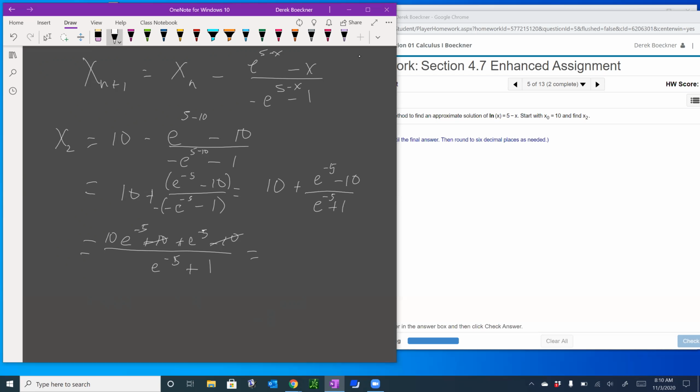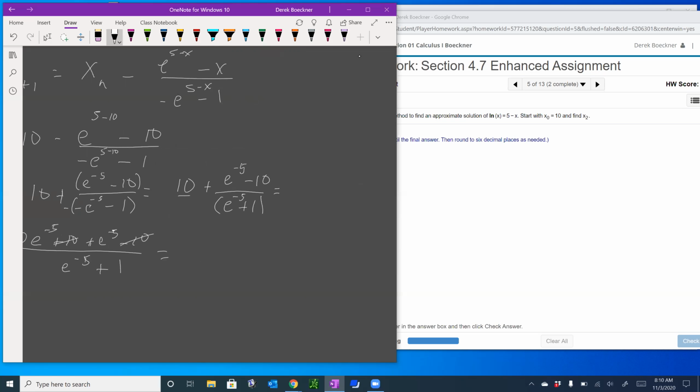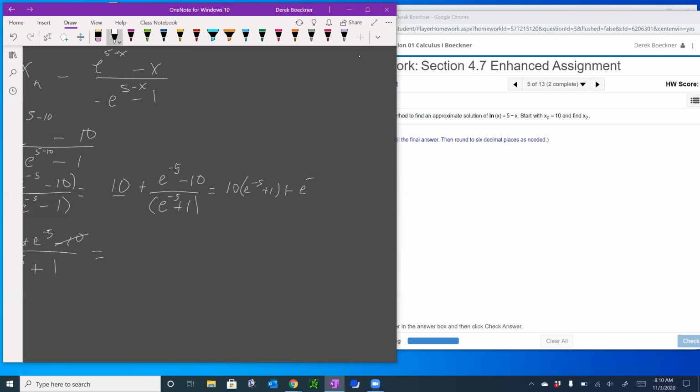Right. And then the next bit, I'm going to find a common denominator. Here's a fraction. Here's something that's not a fraction. So I want this to have the same denominator as that does. So I'm going to multiply the top and the bottom by e to the minus 5 plus 1, and put them over the same denominator.